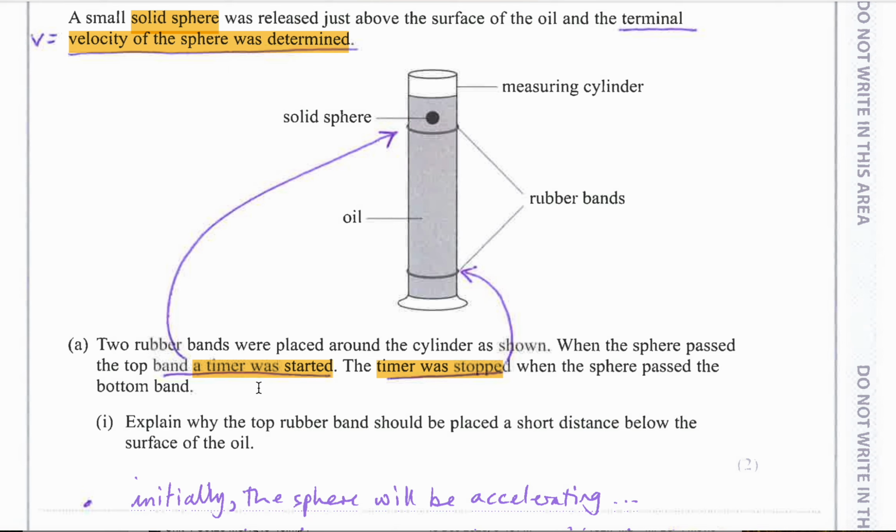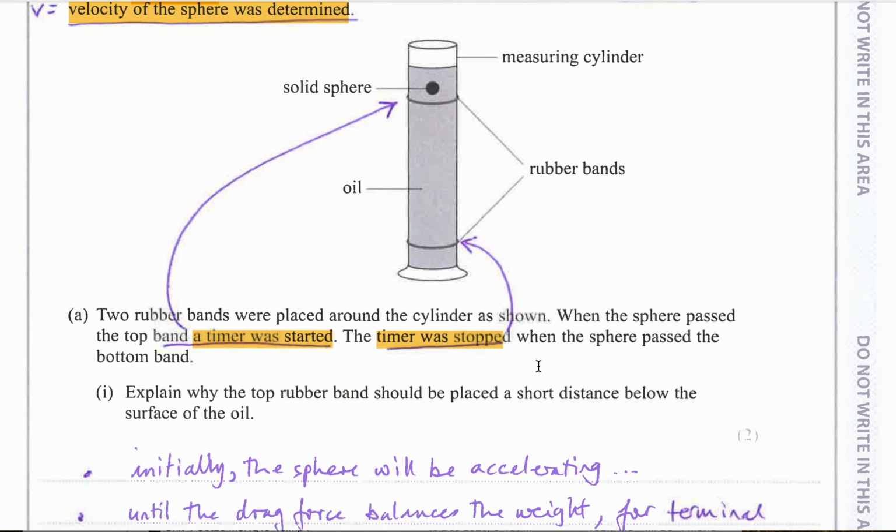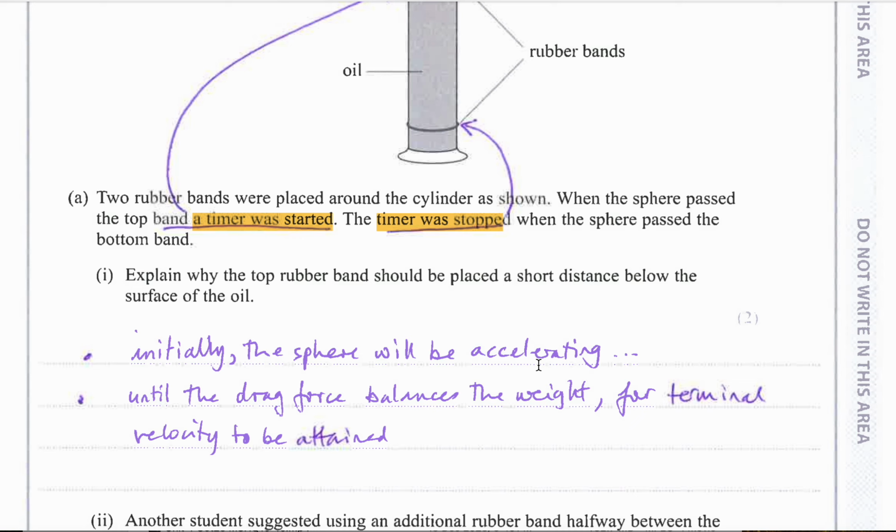Okay? Explain why the top rubber band should be placed a short distance below the surface of the oil. So the surface of oil is here, and they place it there to allow the sphere to reach terminal velocity before you start the timer. Okay? So hopefully they place it in the right place.